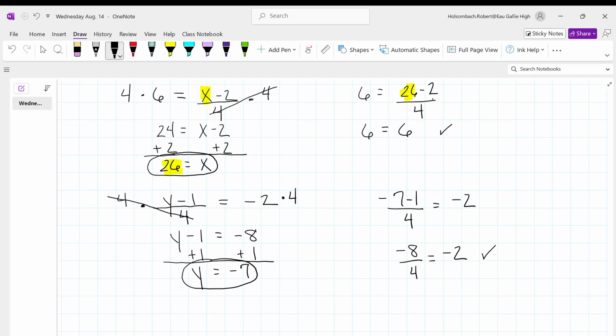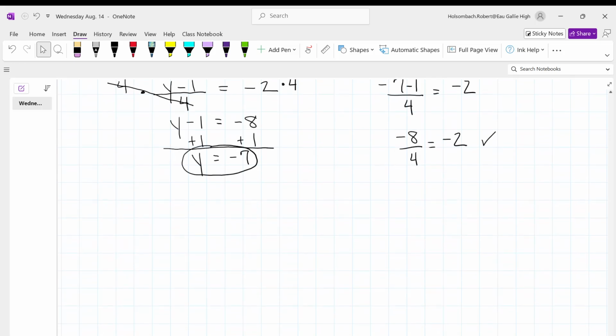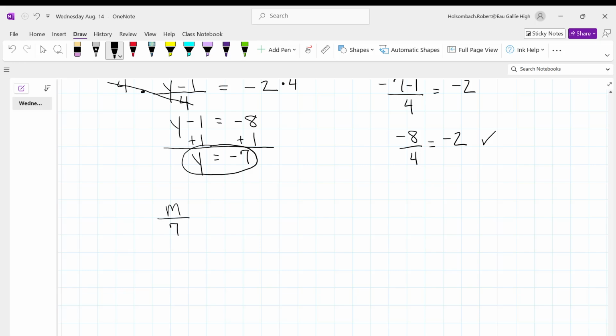All right, got a few more for you to look at. m divided by 7 minus 3 equal to 6. All right, so this looks a little bit different than the previous problems. In this case, we've got division and subtraction, so we've got to take care of the subtraction first.